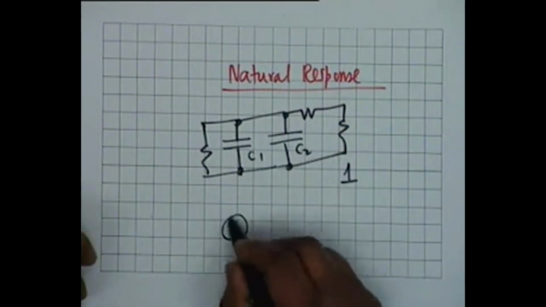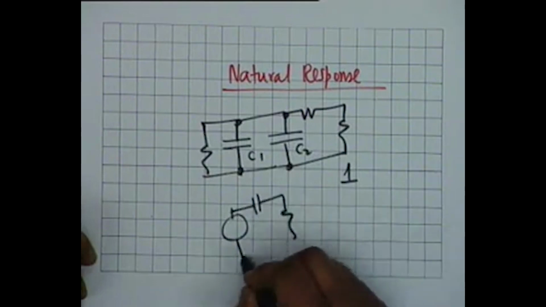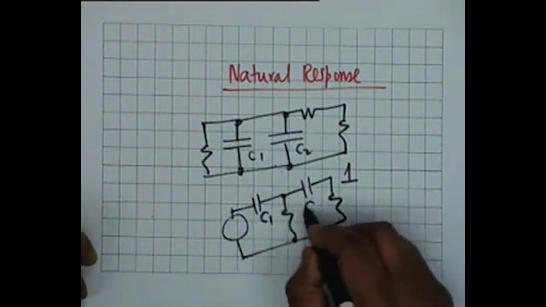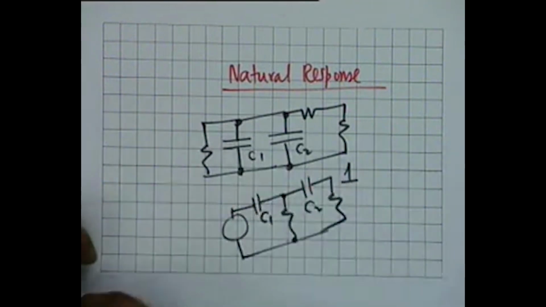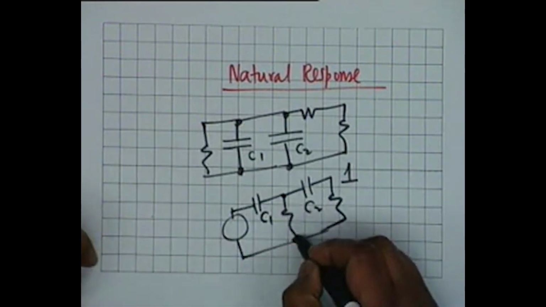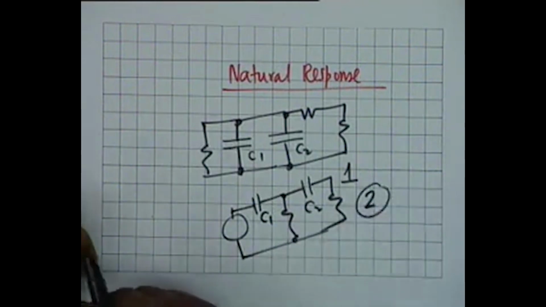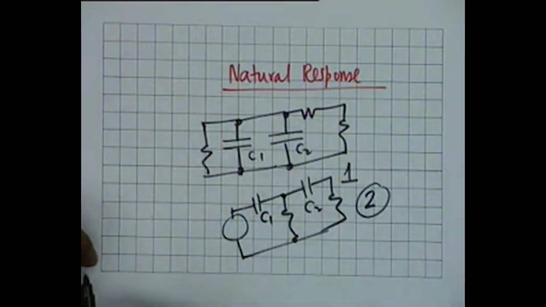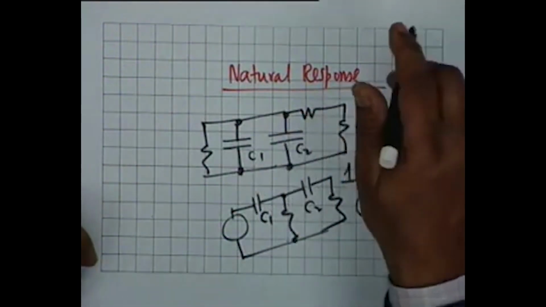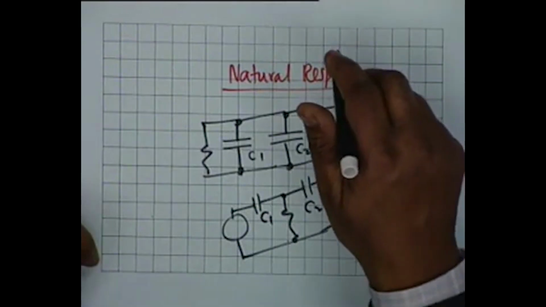On the other hand, if I have a circuit like this, these two capacitors C1 and C2 cannot be combined with each other in any manner because there is a resistance connected here, and therefore the order of this circuit is 2. So one thing that we learn is that the number of independent energy storage elements in a circuit, independent mind you, that is not trivially connected, determines the order of the circuit. Let's take another example.